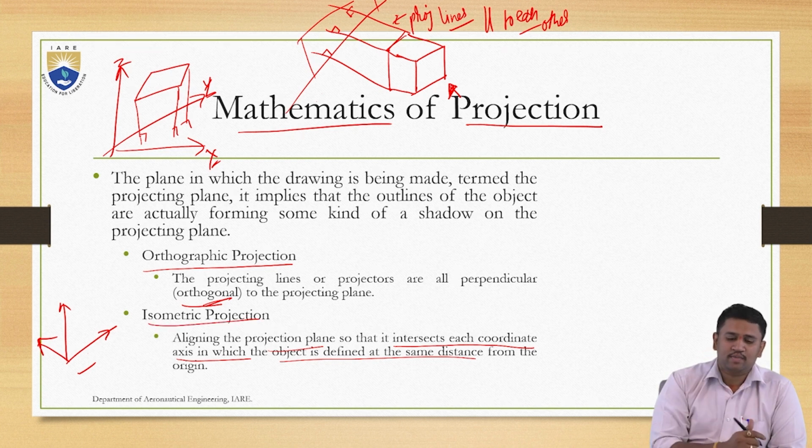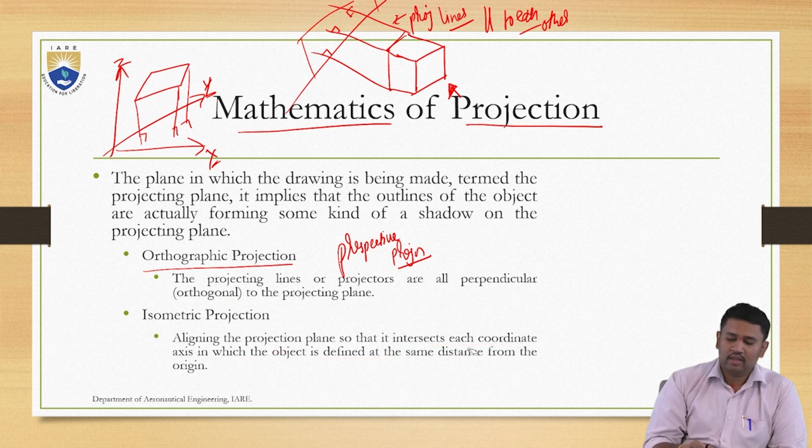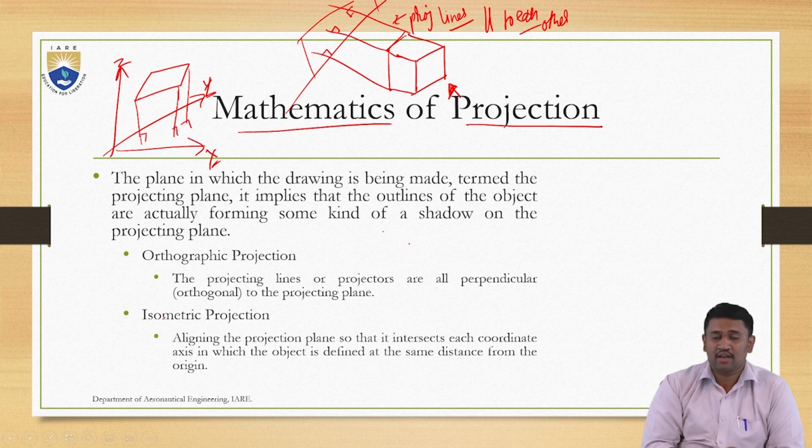There are many more types of projection, another one called perspective projection. So projection basically means getting a shadow out.